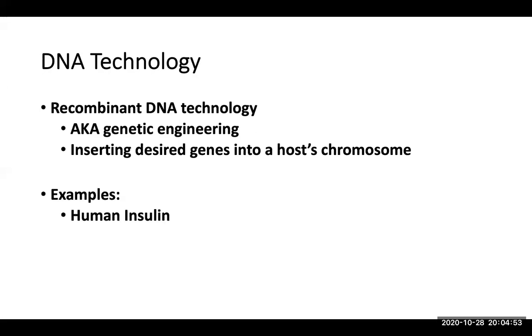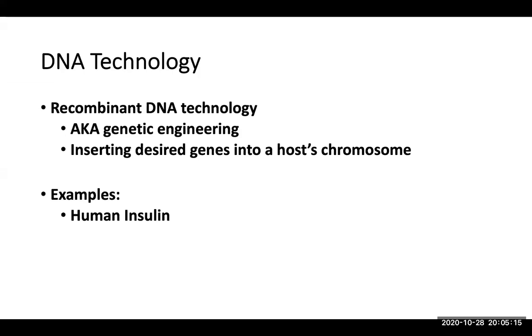We do this all the time with insulin. Back in the day, when we first learned about insulin, we used to get it from cows, chickens, and pigs. But a lot of people's immune systems would reject the insulin. It would say it's foreign, and they would attack it.